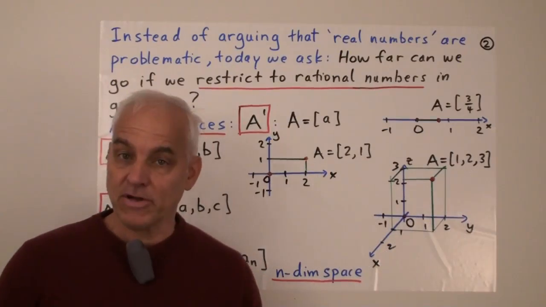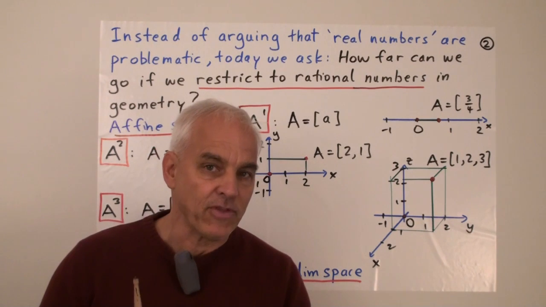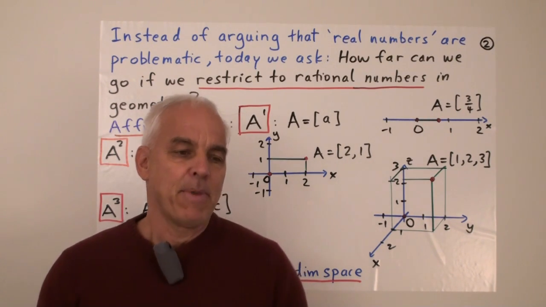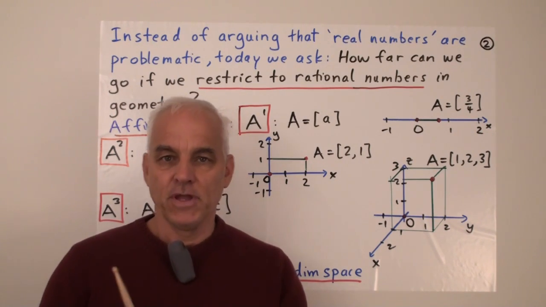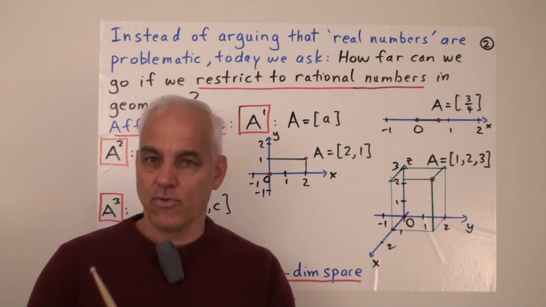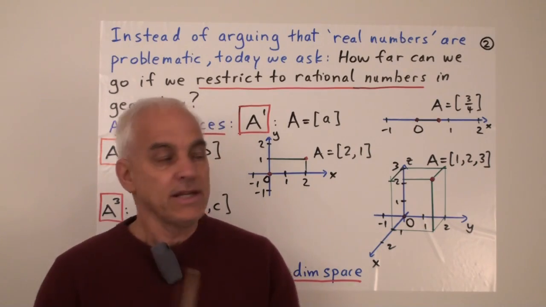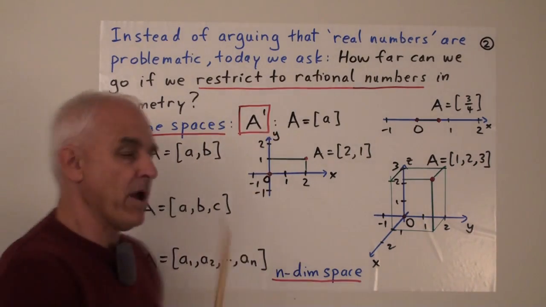So I've been arguing very strongly in the last few dozen videos that our current theory of real numbers doesn't work really as well as people imagine that it does. But today I want to look at things from a slightly different point of view. So although that's certainly my orientation, it's not necessary to agree with me to understand what I'm going to be doing here. So let's have a slightly different orientation today and ask the following question.